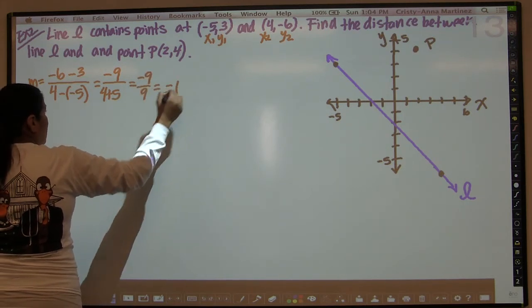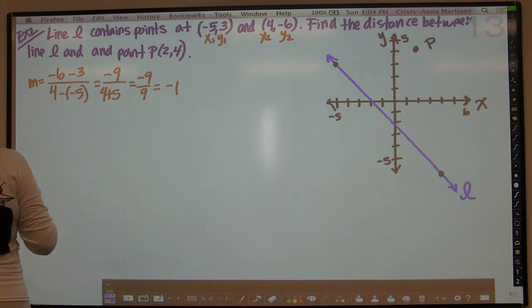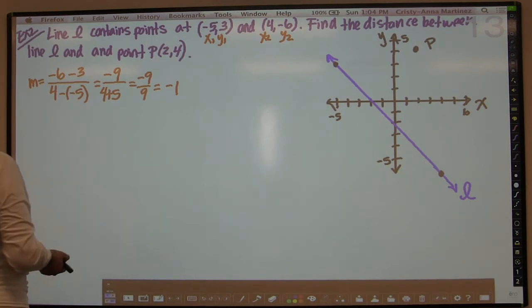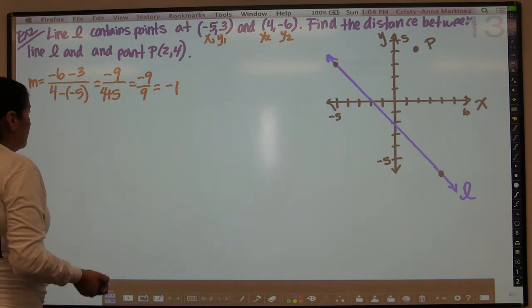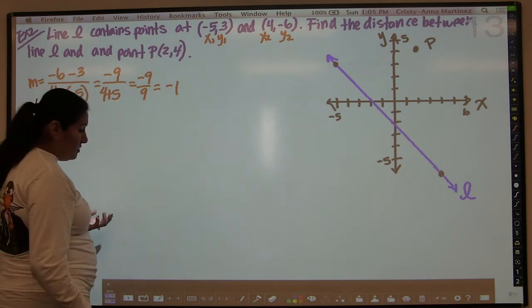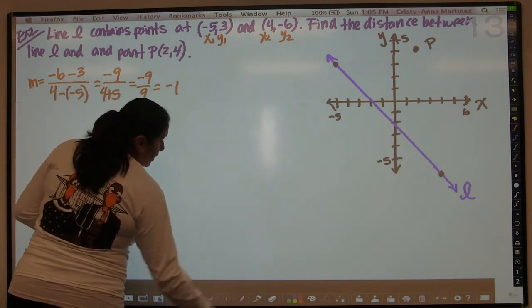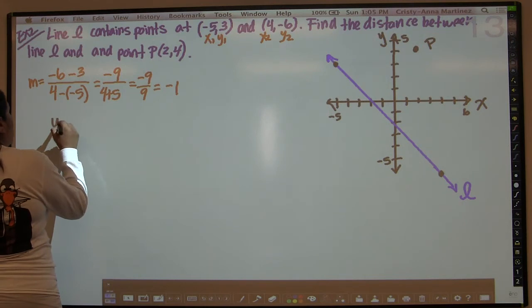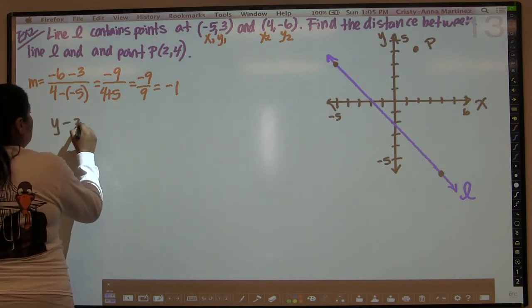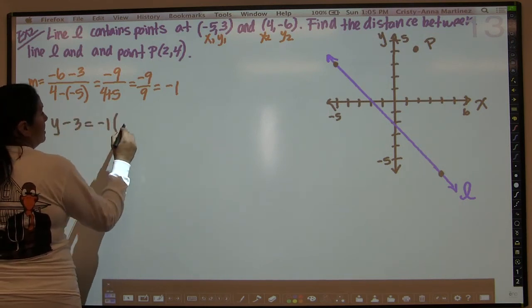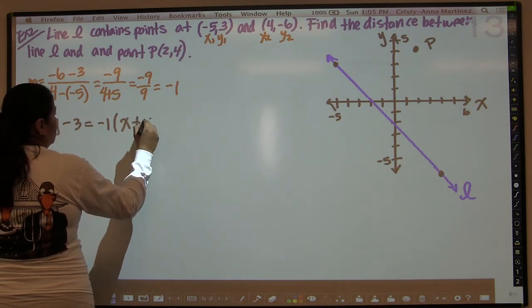So you get a slope of -1. Then you want to write the equation in y equals mx plus b, or you can use the point slope formula. I'm going to use the point slope formula, so I'm going to go y minus y1 equals m times x minus x1.